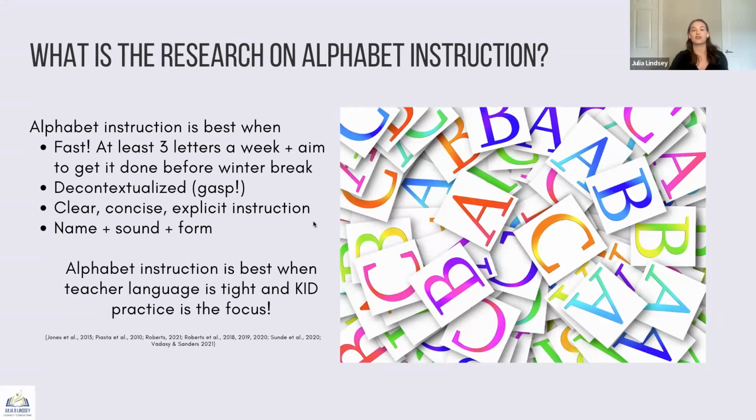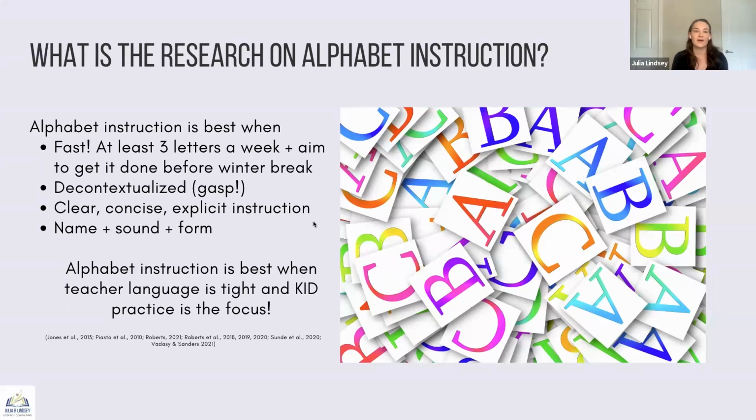Instead, if you aim to teach your whole class the alphabet in the first part of school, then you have the entire second part of school or more in order to support those children who need even more time with individual letter sound knowledge, to make sure that everybody can leave kindergarten being really confident in the alphabet and hopefully being confident in using the alphabet to read and spell CVC words.